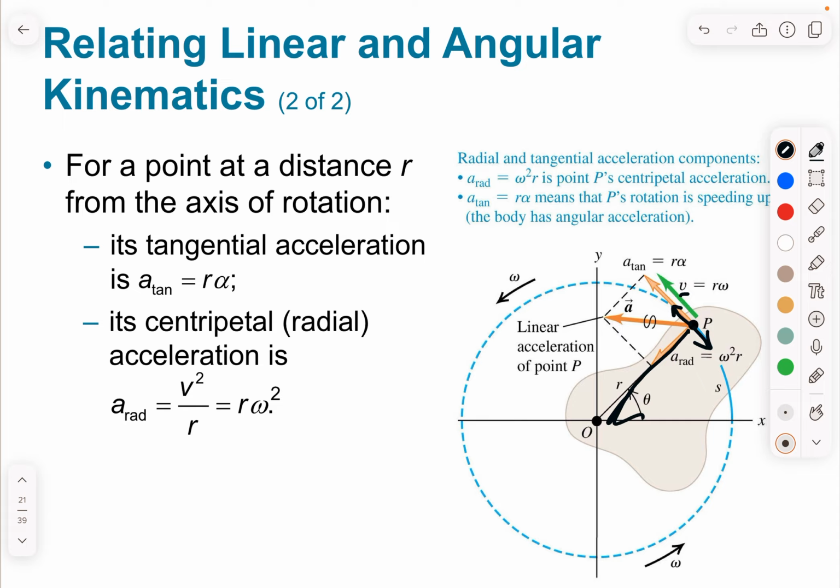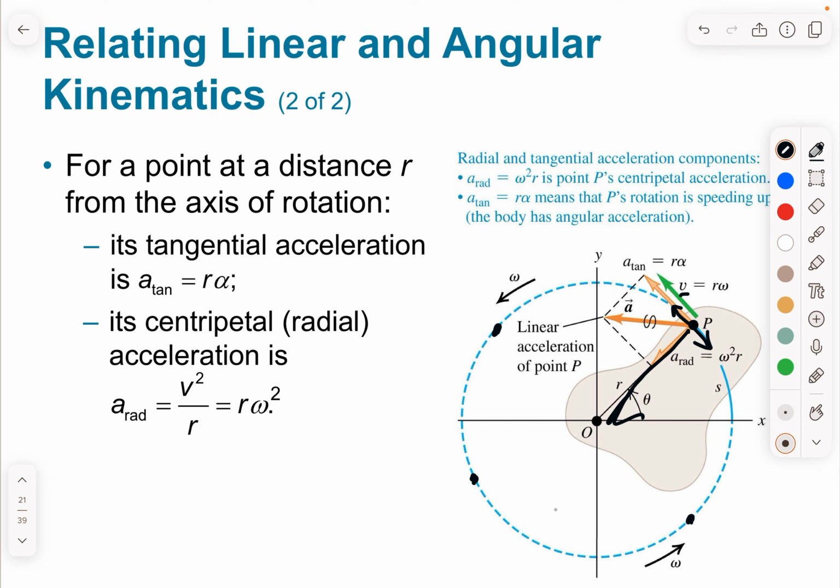But we don't use x's and y's when we talk about rotational motion. We're going to use instead radial direction and tangential direction, okay? That way, those directions are constant no matter where that object is, right? And so what do I mean by that?